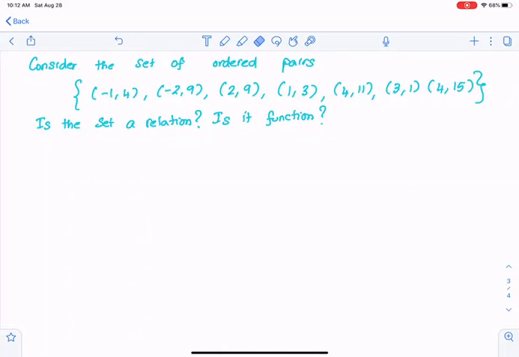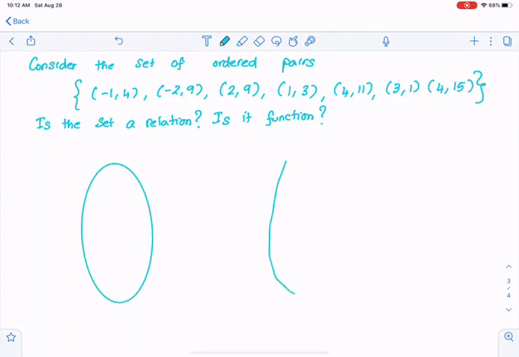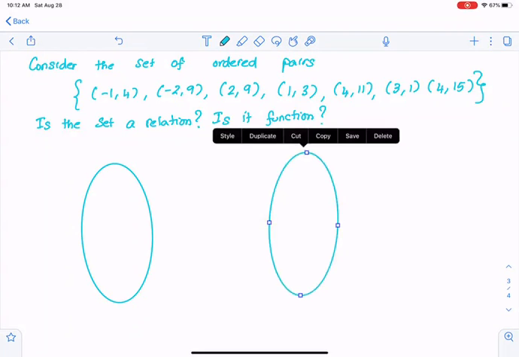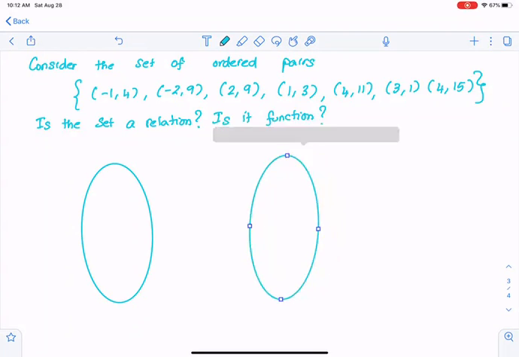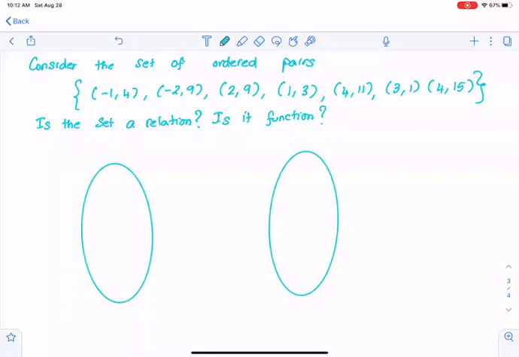So what we're going to do is have 2 different images, and I'm going to put in values.